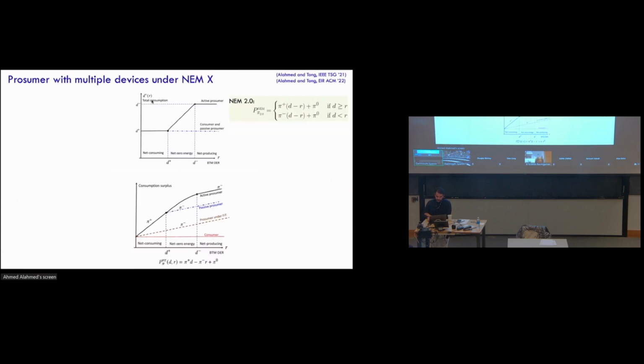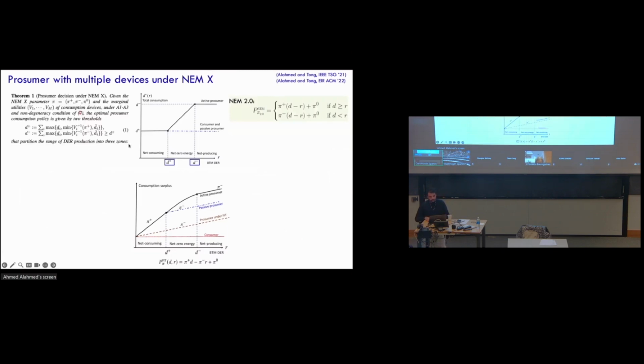Okay. So we also had some results. This one here shows how you compute the thresholds, D plus and D minus. The good thing is that both of these thresholds are independent of the renewable generation. So basically, you can compute them a priori, and they are very simple to compute. Equation 1 shows how you compute the two thresholds.